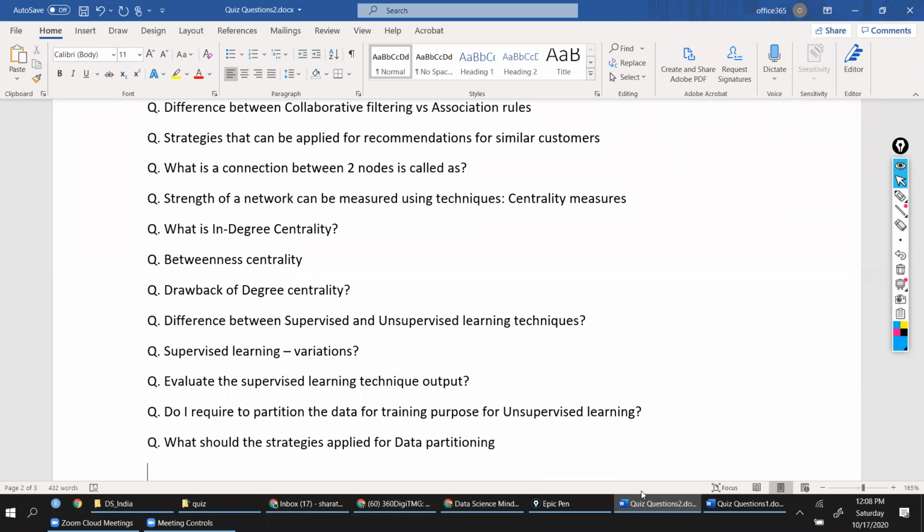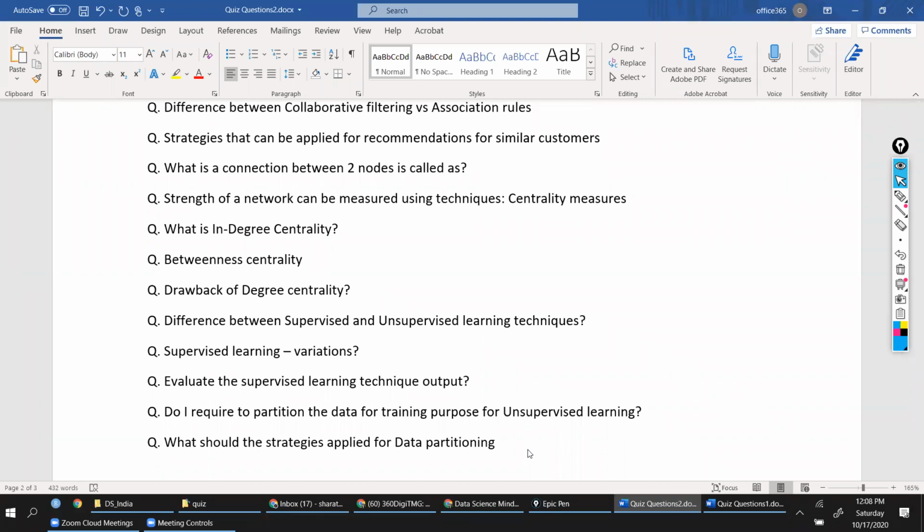Yeah, Jivan. So we have a relevant answer: sample records, sampling, stratified partitioning. So many different answers. Very good. So when I say data partitioning, we are splitting the data into train and test, right?